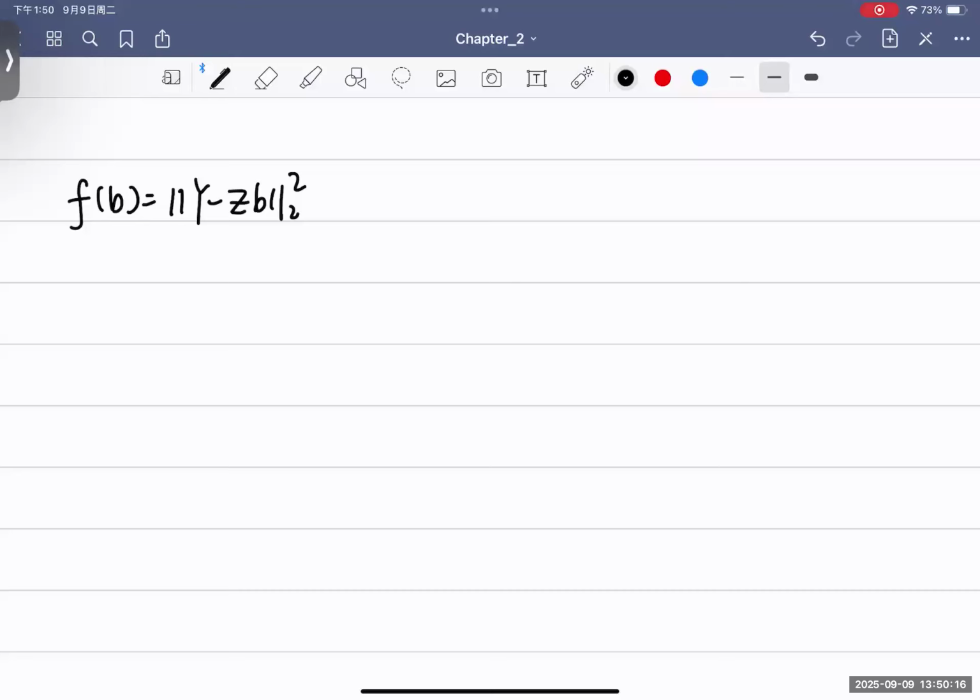But first, we can make a simplified version. When we come to this length, or the norm square, we can write down this guy at the earlier stage: y minus zb transpose times y minus zb.